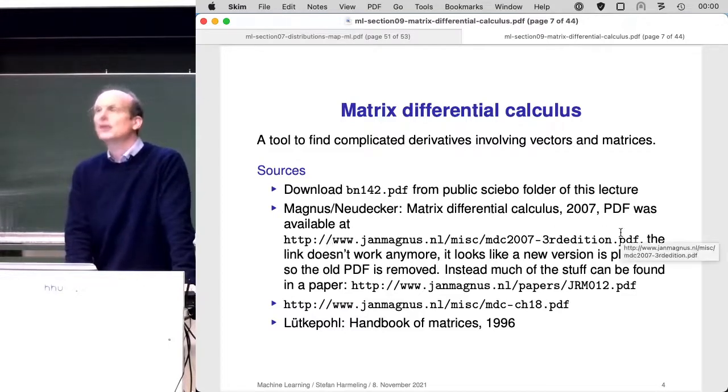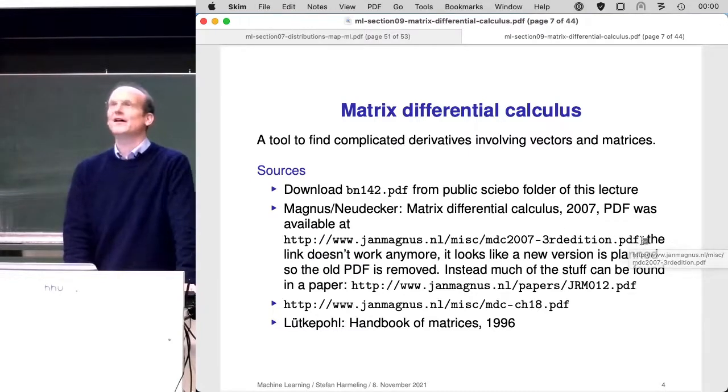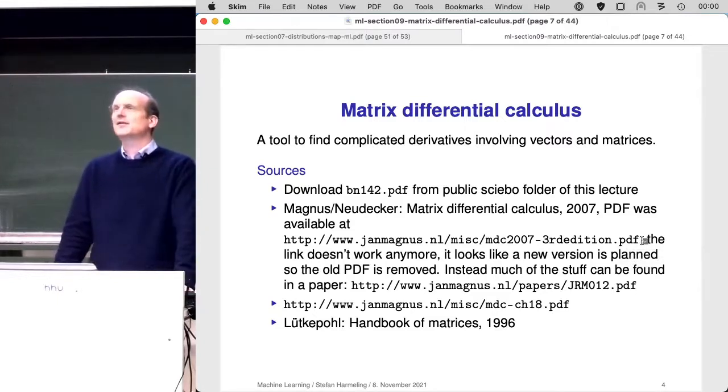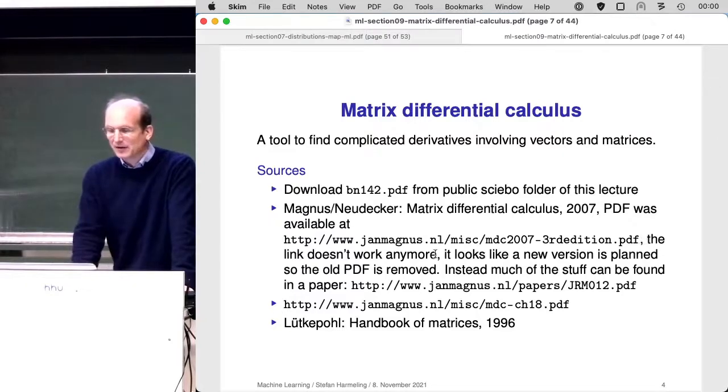So maybe you can go to this location and look for the 4th edition, whether it's also available. Or maybe from the file name you find some other copy of the old version, if it's still out there somewhere, I don't know. However, it's not officially distributed as a PDF anymore. However, much of this book can also be found in a certain paper which is still available.